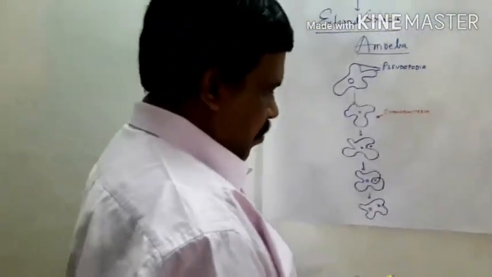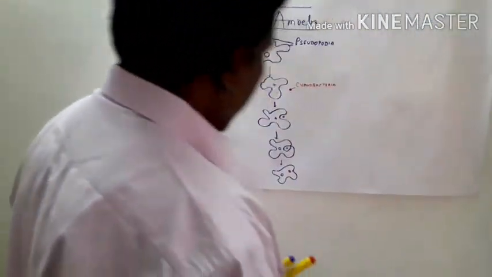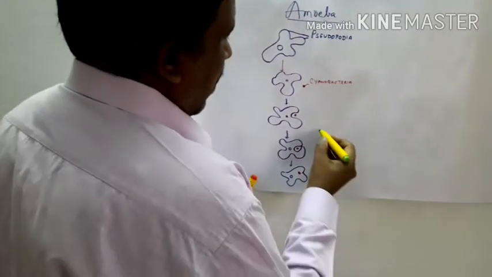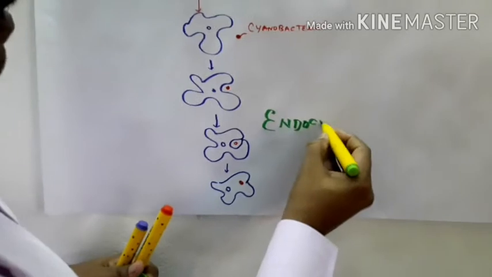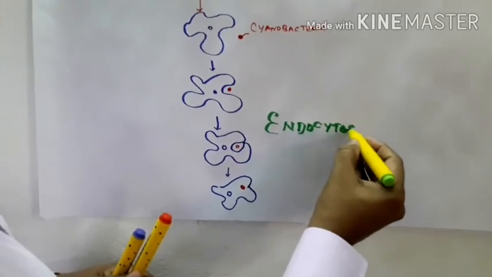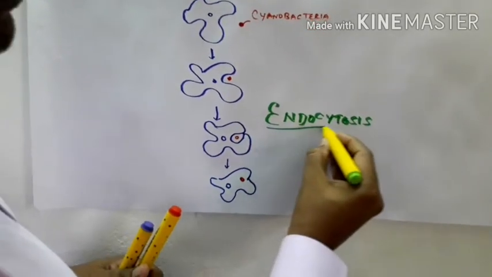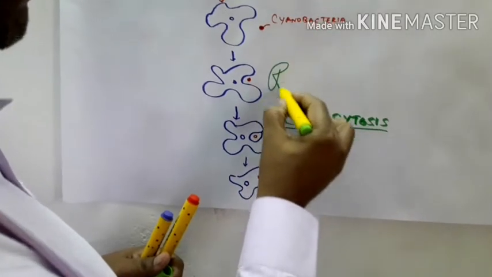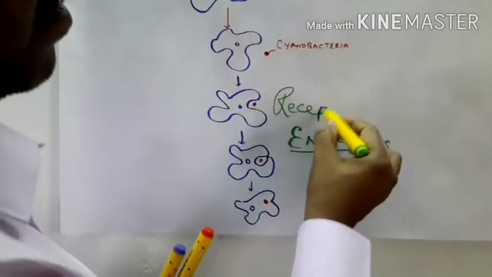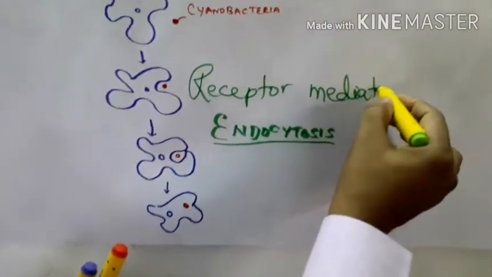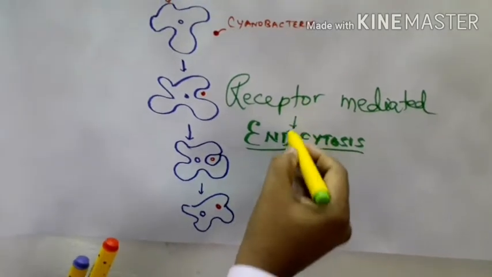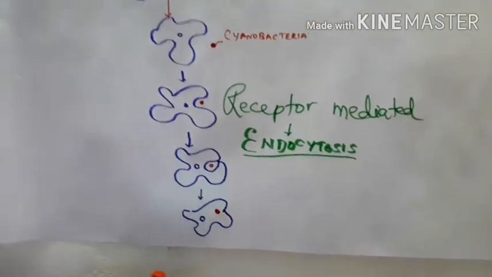This is how they acquire the food. The process by which it takes the food is called endocytosis. You can also say receptor mediated endocytosis. This is the word that you could have also seen in 9th standard.